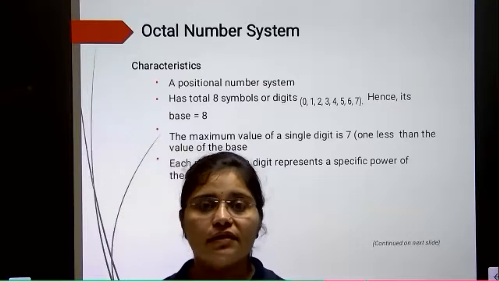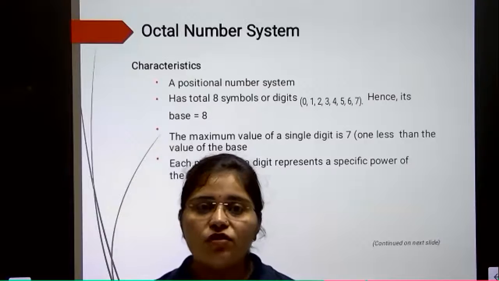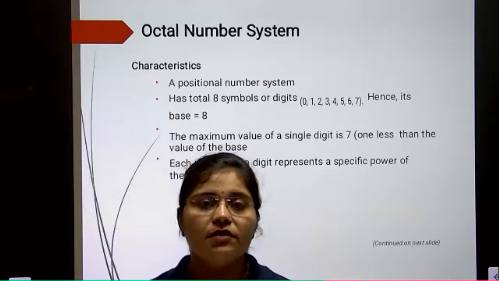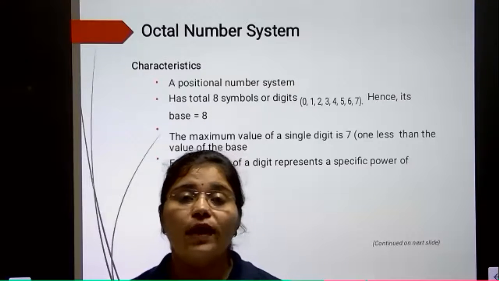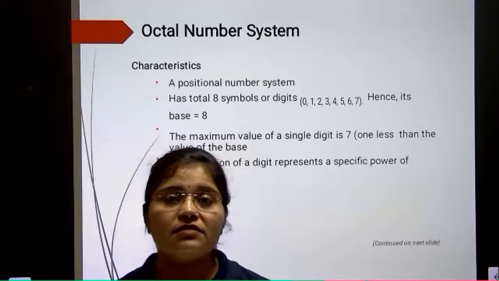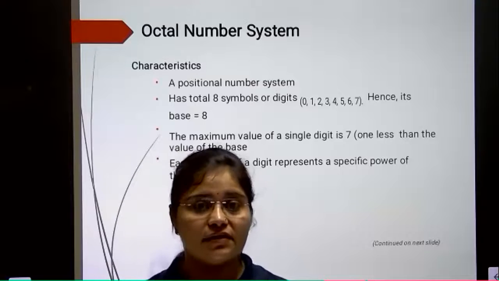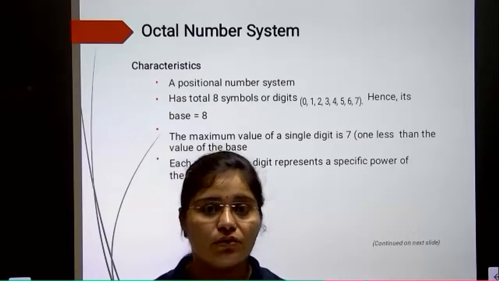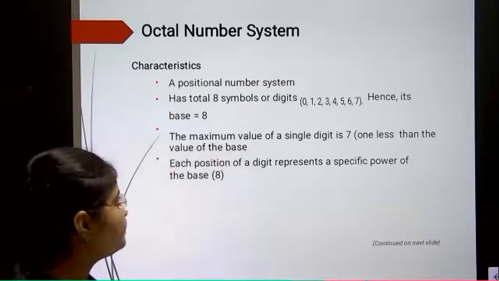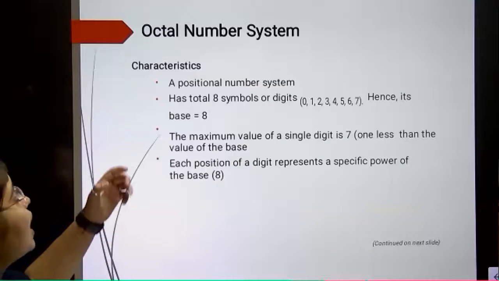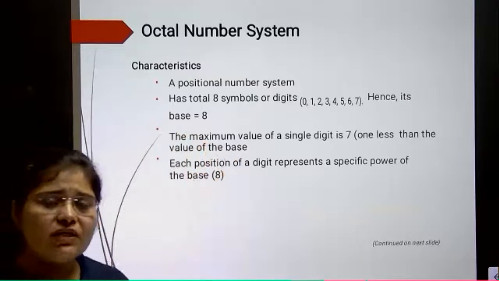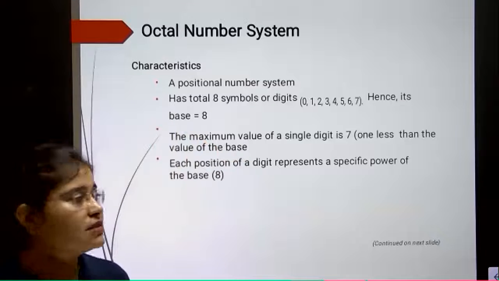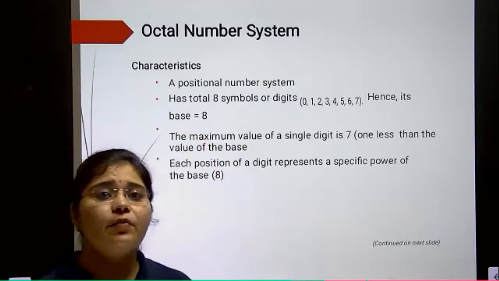That is your octal number system. As you all know, the base value for the octal number system is 8. Why? Because in the octal number system we have 8 digits, starting from 0 up to 7. As you can see, every number system is a positional number system because हर डिजिट का अपना एक पोजीशन है.